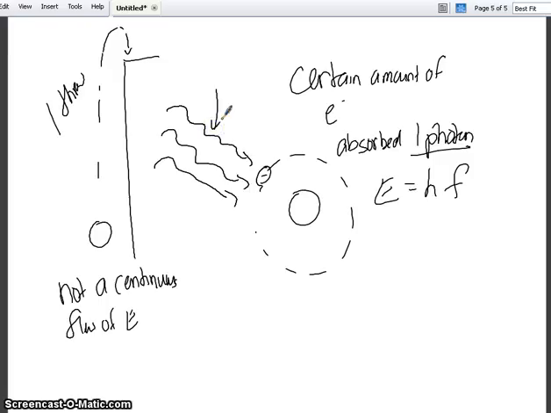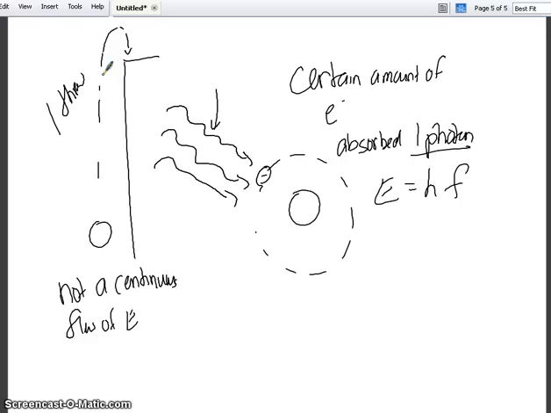But it is not a continuous flow of energy. The energy comes in packets. And because it comes in packets, either there's enough or there's not enough. Just like the throw of the ball here, either it's going to make it up or it's not going to make it, but you only get one shot. One photon is going to be absorbed, and that's going to be it.